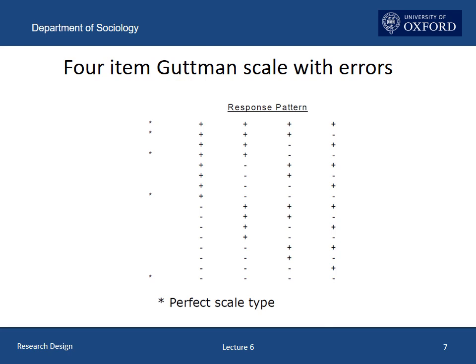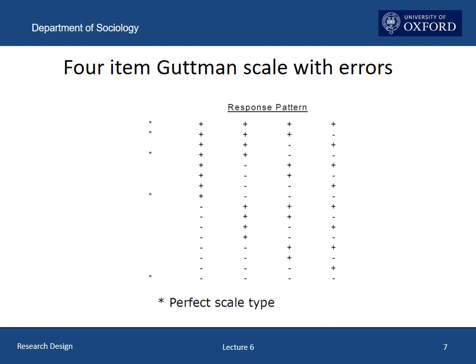Gutmann scales are an elegant solution to the problem of turning an array of answers into a scalar quantity. Unfortunately, they're not designed for the world we actually live in. In this slide, we can see a rather typical set of outcomes. Here there are 4 items and 16 subjects.